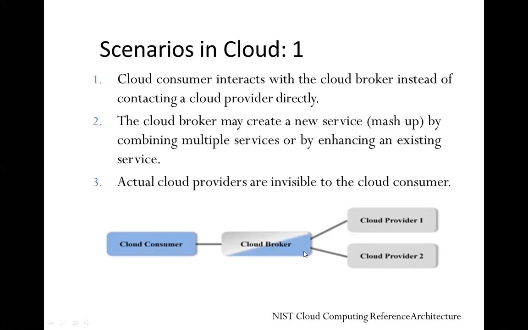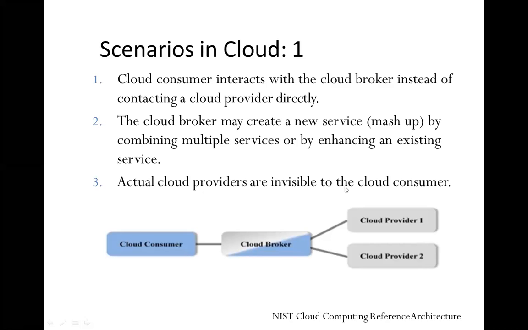So the cloud broker will tell you as a consumer whether to take the services of provider one or provider two. The cloud broker may create a new service by combining multiple services or by enhancing an existing service. It is up to the broker to create a mashup of various services provided by different organizations, and they will provide you a mashup of those services.